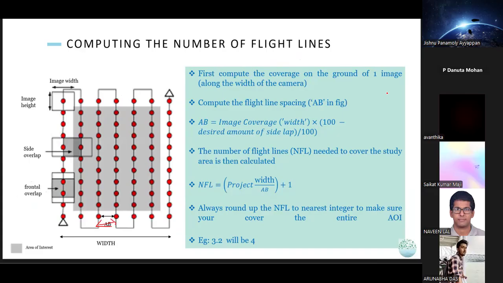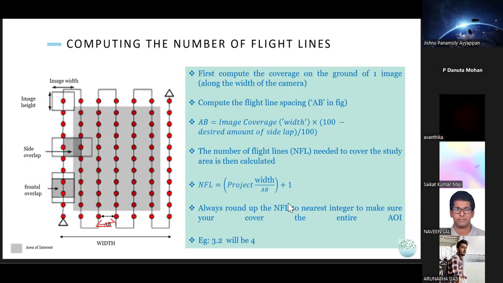There is a formula: image coverage in width times 100 minus the desired amount of side overlap, divided by 100. Then we can compute the number of flight lines, that is NFL, needed to cover the entire study area. NFL, the number of flight lines, equals the project width divided by the distance between flight lines, plus 1.